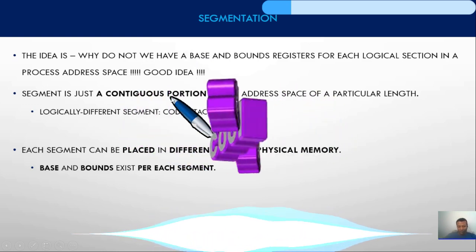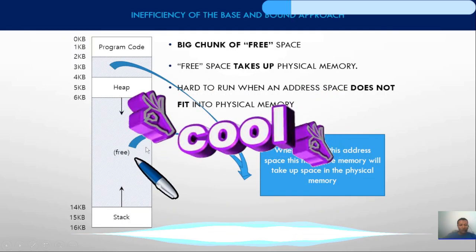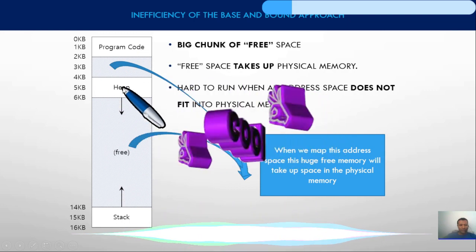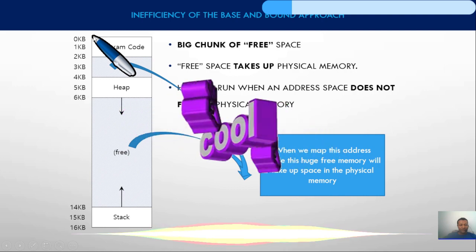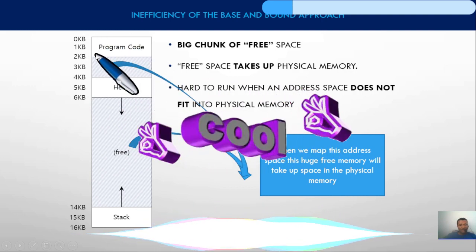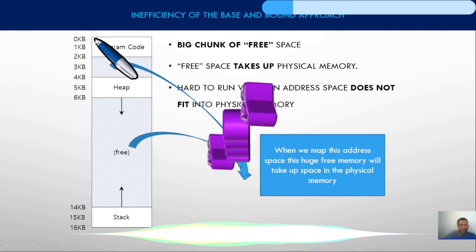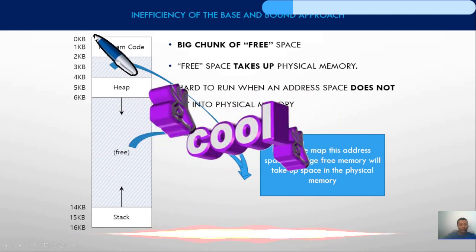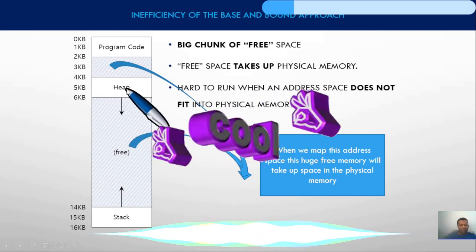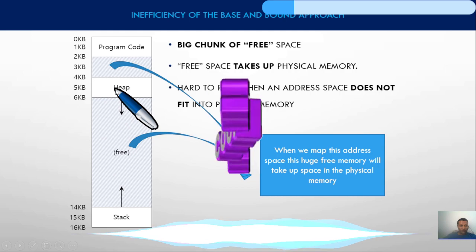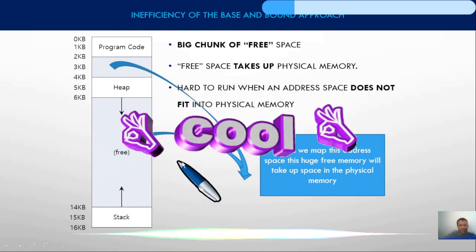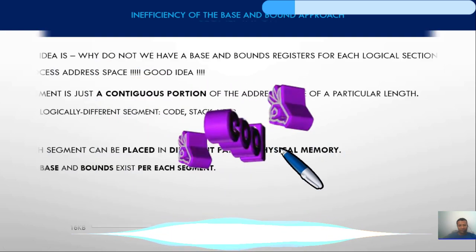Instead of taking all the virtual memory into our physical memory, we can have the bound and base address for each segment. As you can see, from 0 kilobytes to 2 kilobytes we can have the bound and the base address, and again for the heap and for the stack. So we will remove this unused memory from being transferred into our physical memory.